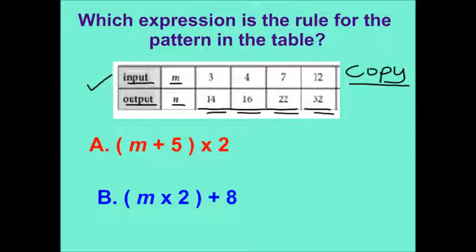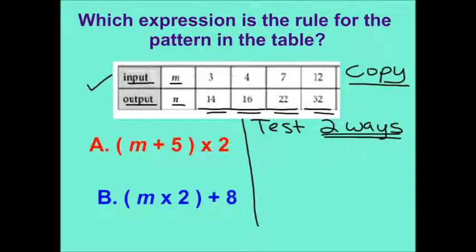After you've copied the table, I want you to test A and B 2 ways. Don't just test it with one number. Try it with 3 and 4. Try it with 7 and 12. However you want to do it. Test A and B 2 ways to find which one is the rule.